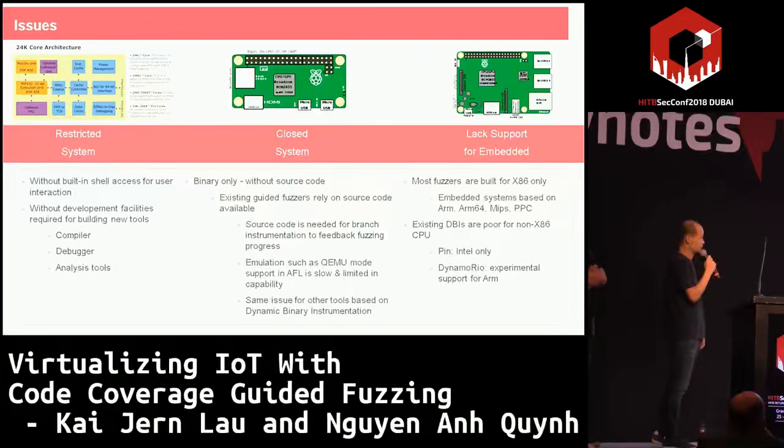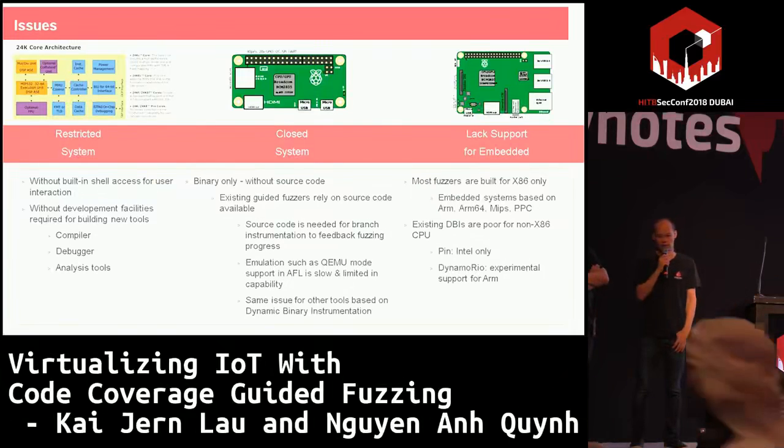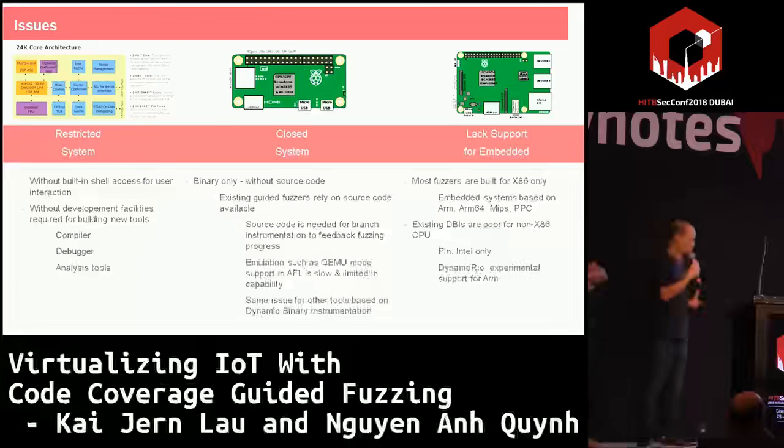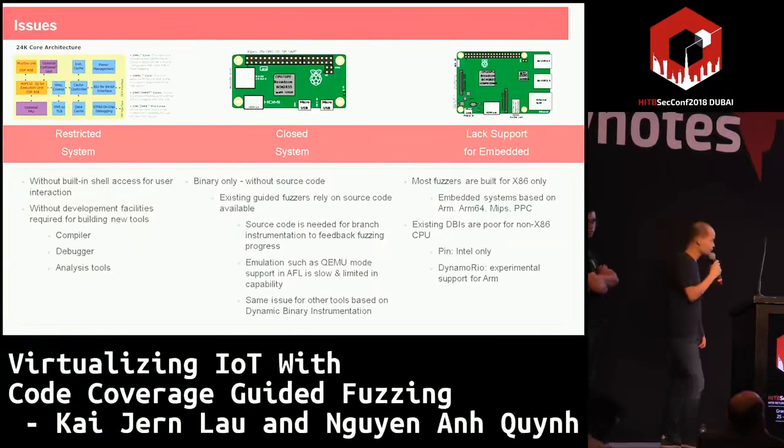Actually, fuzzers like AFL support an emulation mode using the QEMU emulator, but it turns out that you cannot really run AFL on many targeted binaries, because QEMU is not very good at supporting many kinds of binaries.